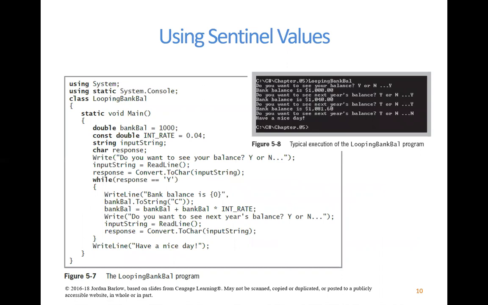And the textbook gives an example of that. So here's the code, and you can pause and examine this code more carefully if you like. But it shows how you would create a program where it asks for your balance, yes or no, and then it keeps asking you if you want to see next year's balance, and it keeps going and going until you input no.